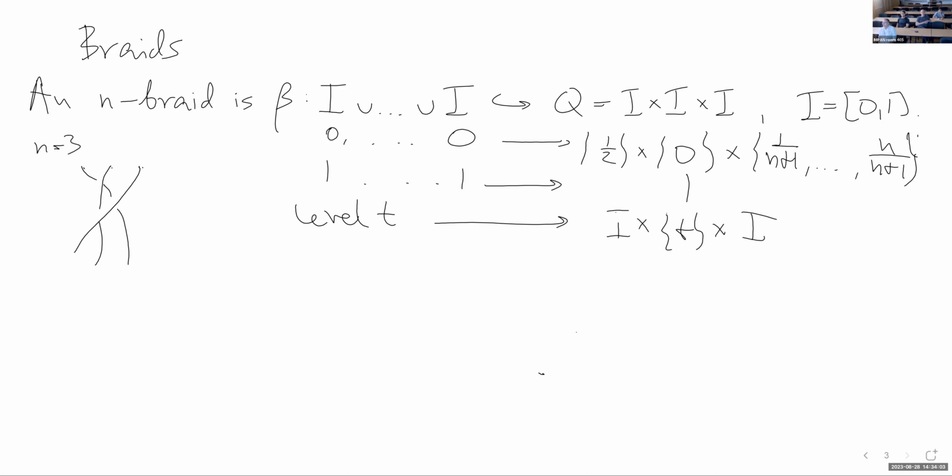And braids are considered up to isotopy, like links. And isotopy, again, is a homotopy within the space of braids. So for example, this one is isotopic to one like this.